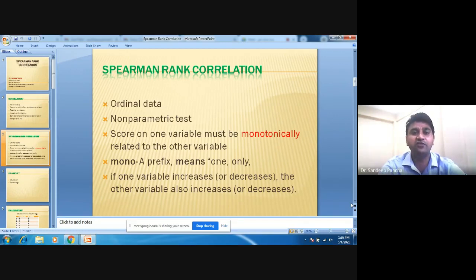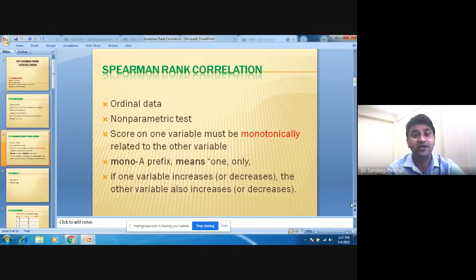The second requirement for Spearman rank correlation is that it is a non-parametric test. Non-parametric means we have no strict conditions as such, but we follow certain requirements.